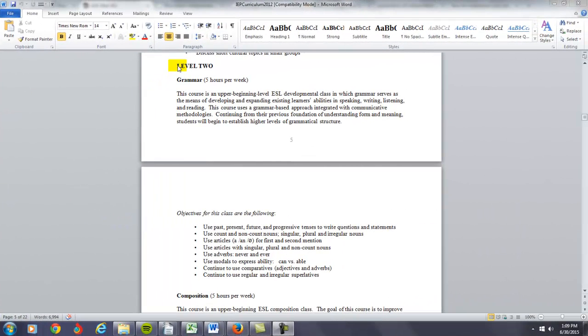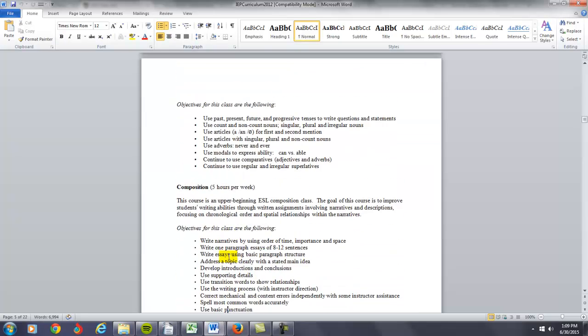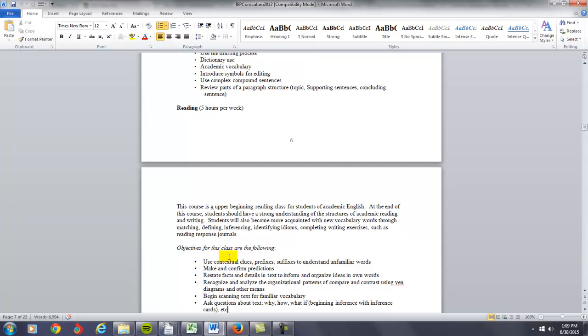All right, let's take a look at the curriculum too so we can see how everything ties together. So first of all, in Level 2, we see mention of modals. Use modals to express ability, can versus able. So they're at least introduced superficially at Level 2. Then we go to Level 3.